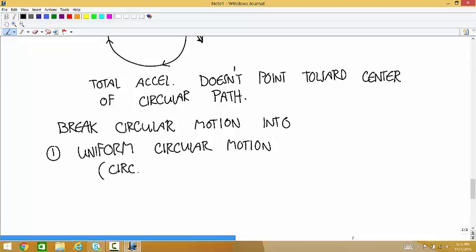That's circular motion without speed change. Or in other words, the speed is uniform. You know, that's where that name comes from.